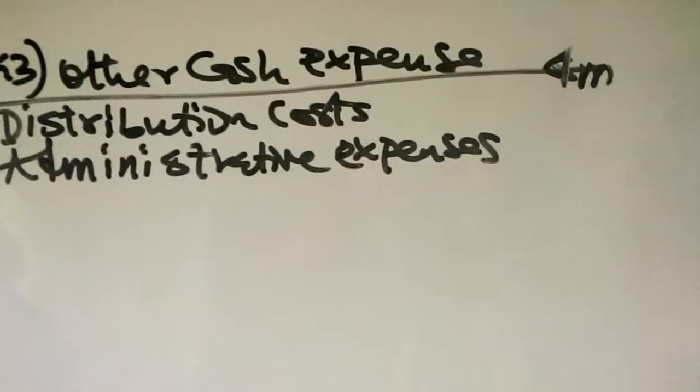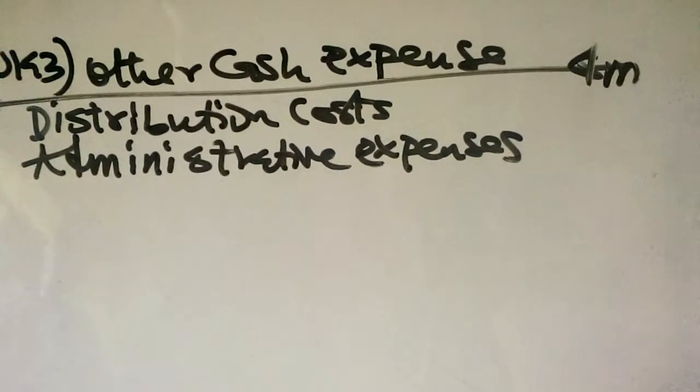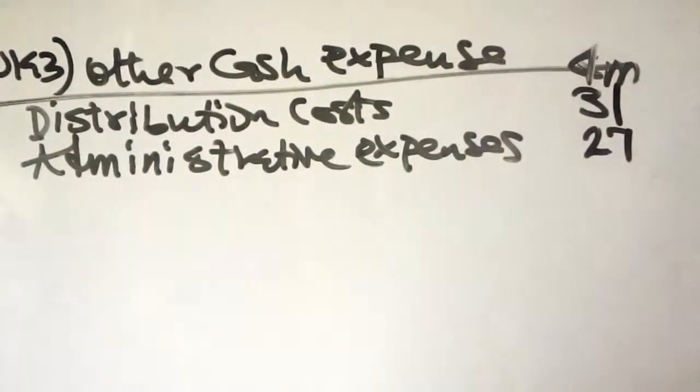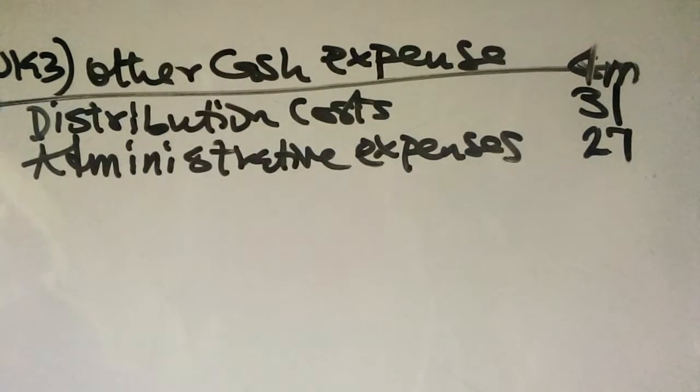Those items that have been recognized in accordance with the accrual basis have to be eliminated. Accrual basis is used to recognize depreciation. Where depreciation has been included in these expenses, then you will need to eliminate that depreciation.